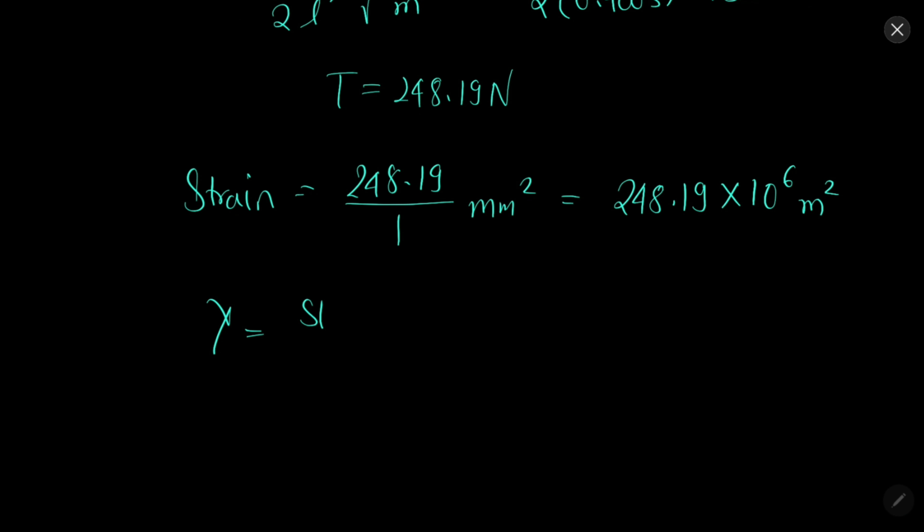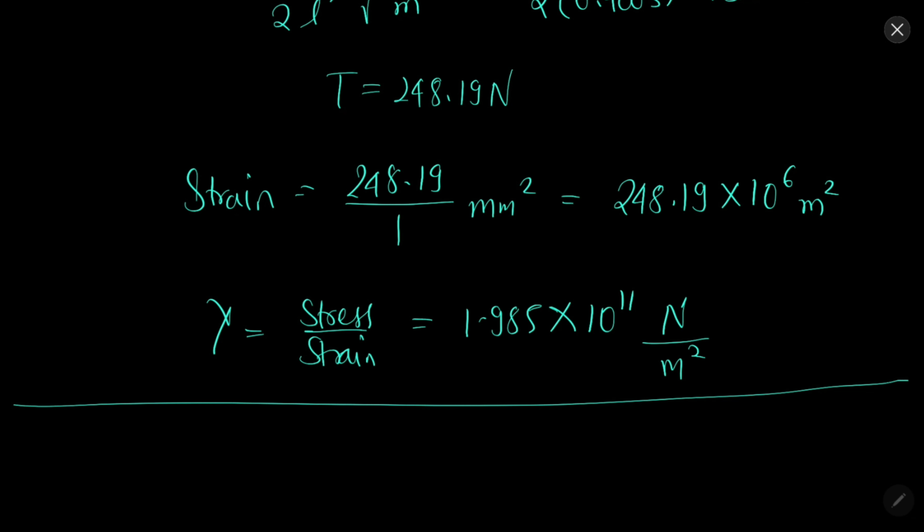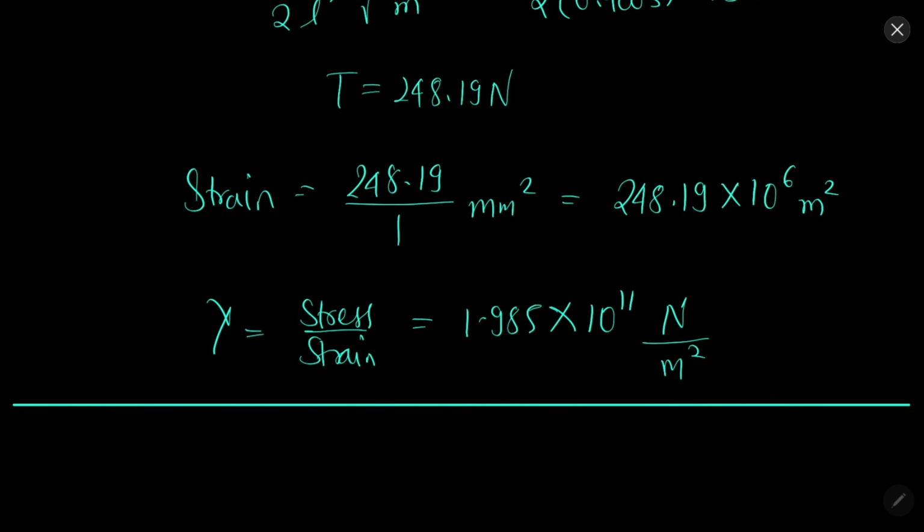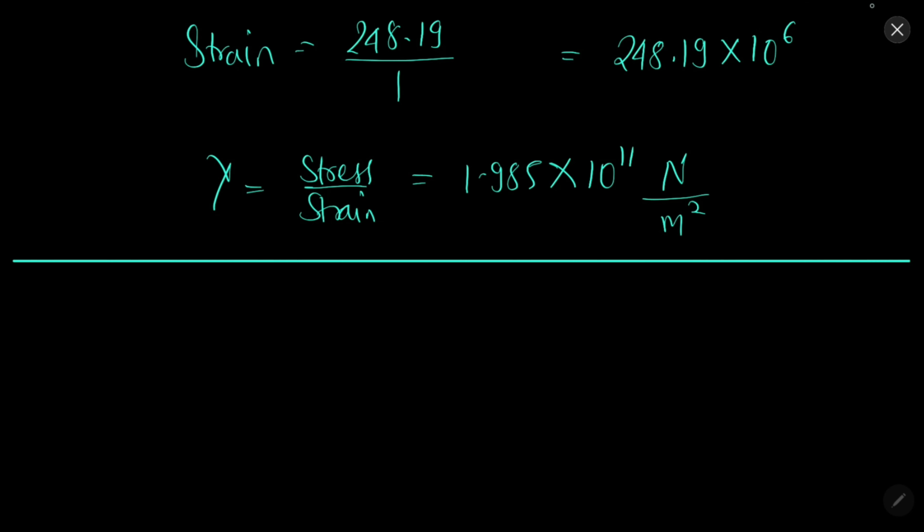So Young's modulus will be stress upon strain, which will give us 1.985 into 10 to the power 11 newton per meter square. This is newton. There is no unit for strain, okay. This was 1 mm.